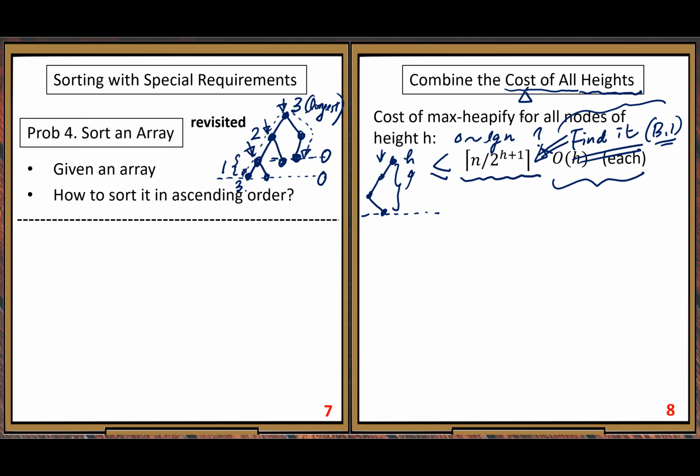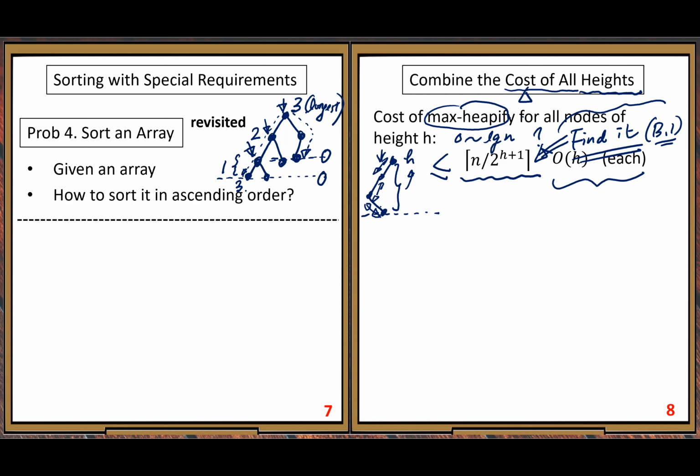When we apply the max heapify operation, we need to do swap operations. In the worst case, all the way down to the bottom level. Sometimes we may not have the worst case; we stop somewhere in the middle.